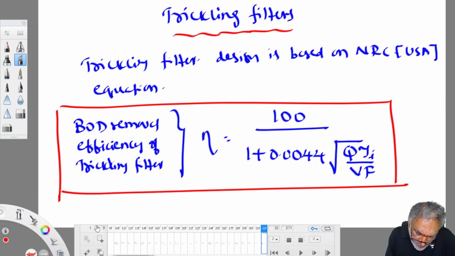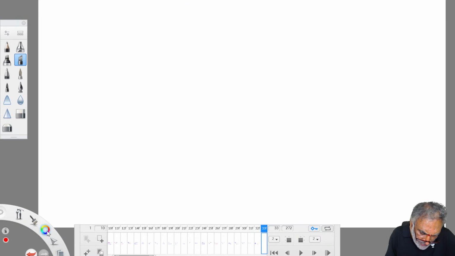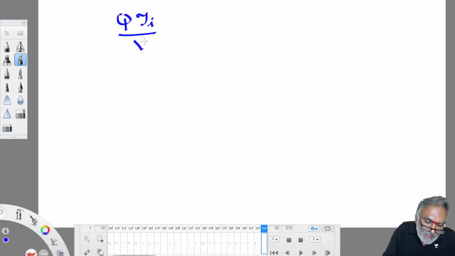How to make use of this equation to design the system? In this equation, Q into Y by V is known as the organic loading rate or BOD loading rate.